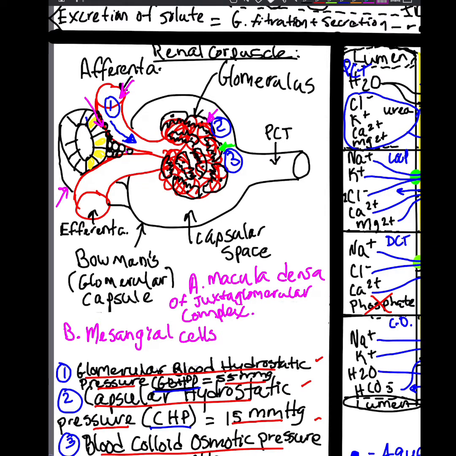The apparatus basically regulates blood pressure in the kidney in conjunction with the autonomic nervous system. So this is going to be your macula densa of the juxtaglomerular complex, and these right here are going to be your mesangial cells.